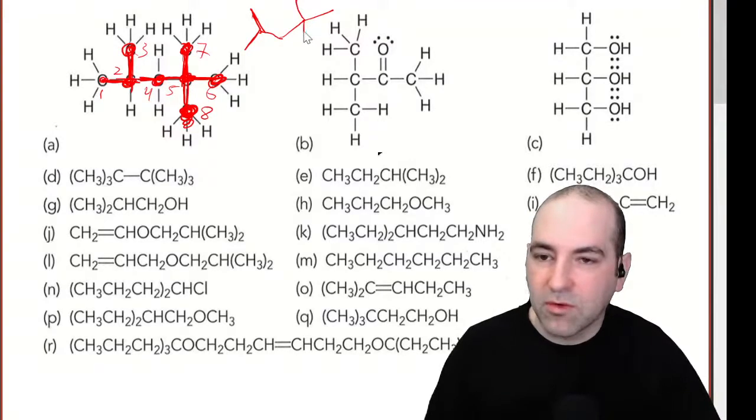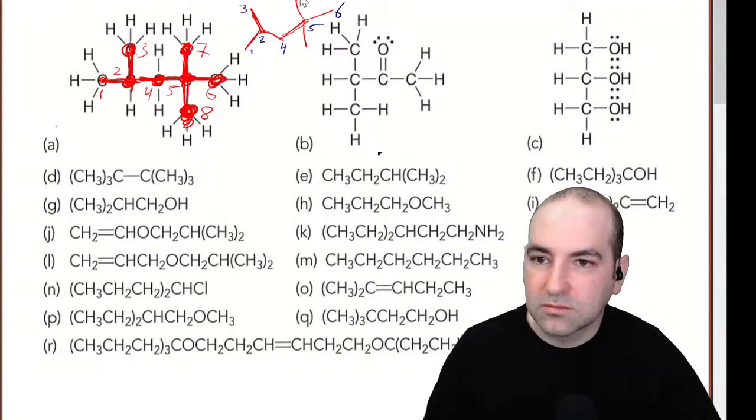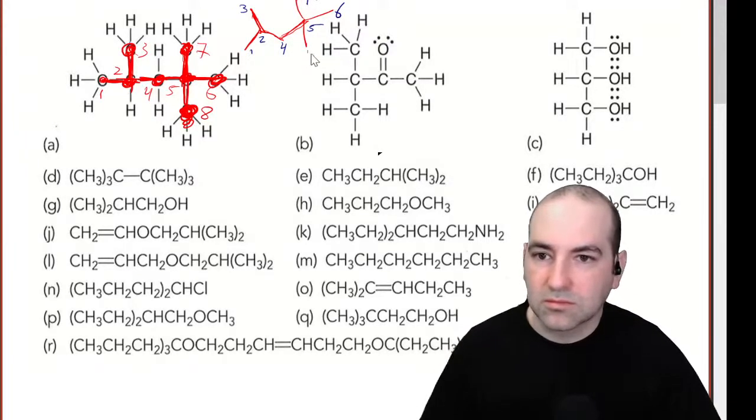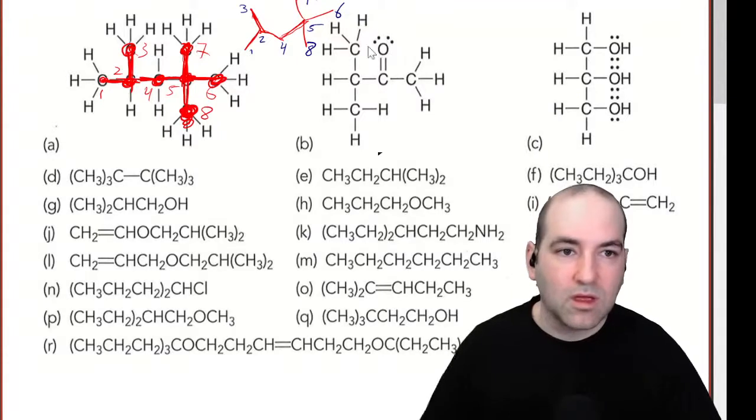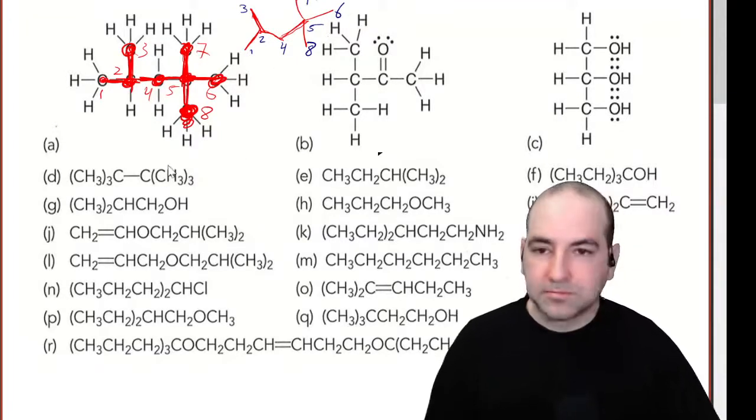So I need 3 more there. So you'd have something like that. And then as you draw these structures, it's always a good idea to renumber them, just to make sure that everything is accounted for. And you have something like that.